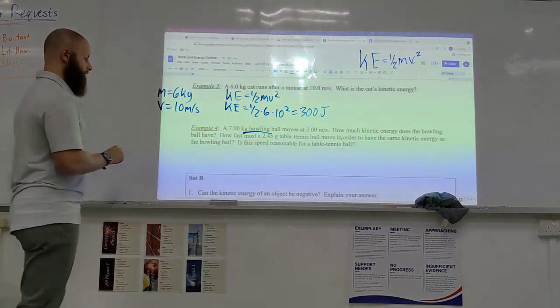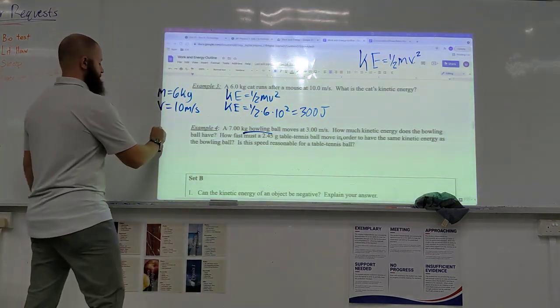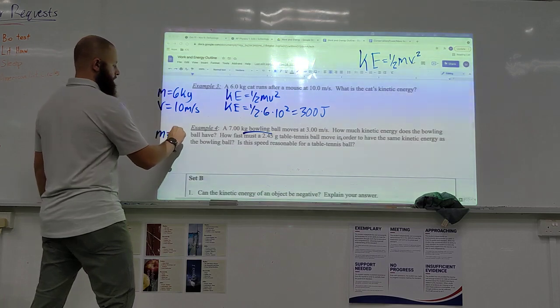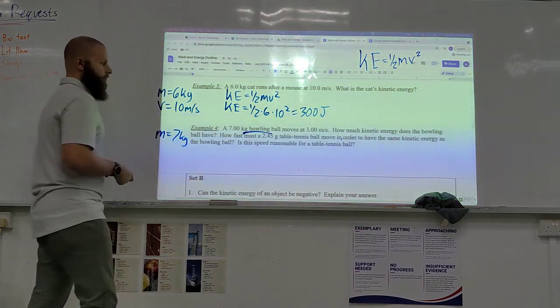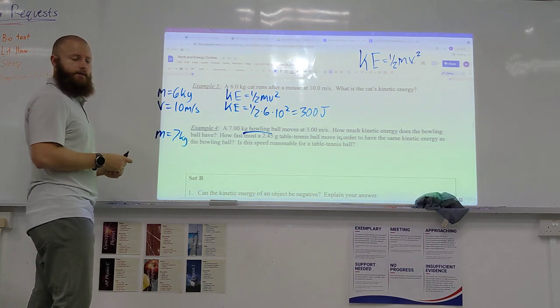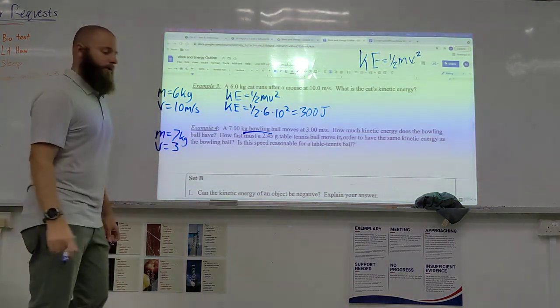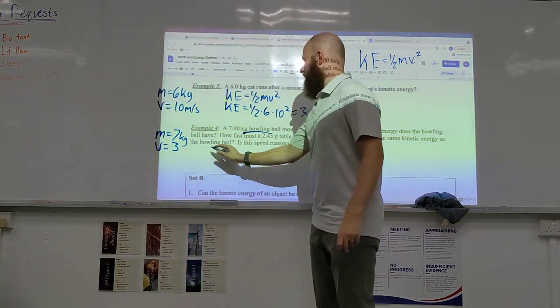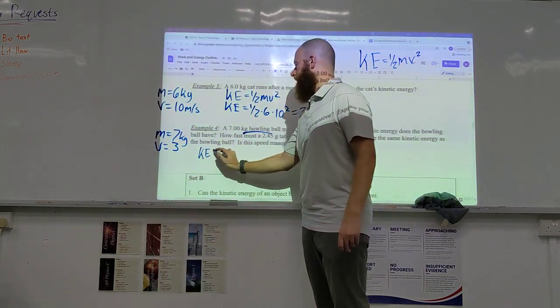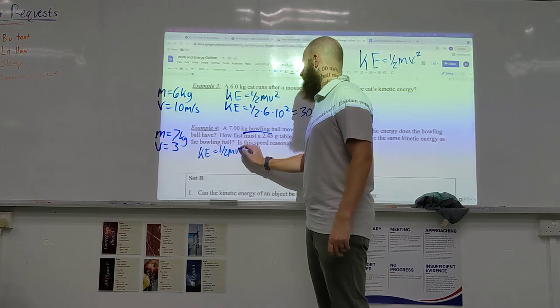Let's write down our variables. What's our mass? Yeah, m for the bowling ball is 7 kg. What is the velocity? Velocity for the bowling ball is 3. So let's go ahead and write out our formula. It is important to write it out. KE equals 1/2 mv squared.